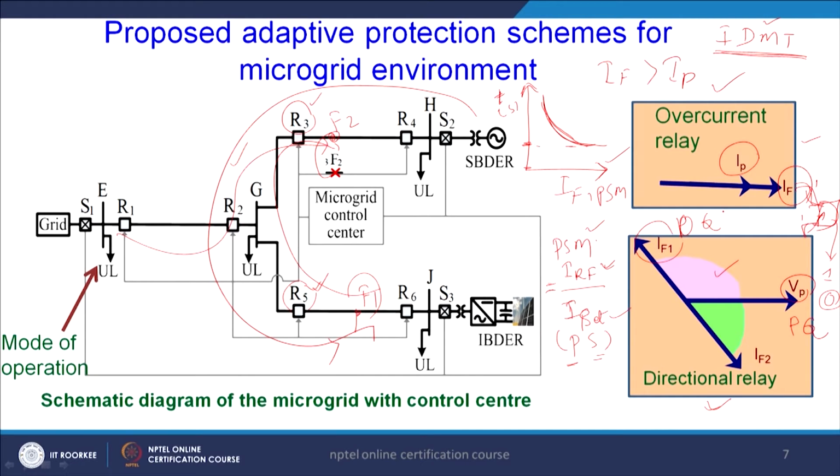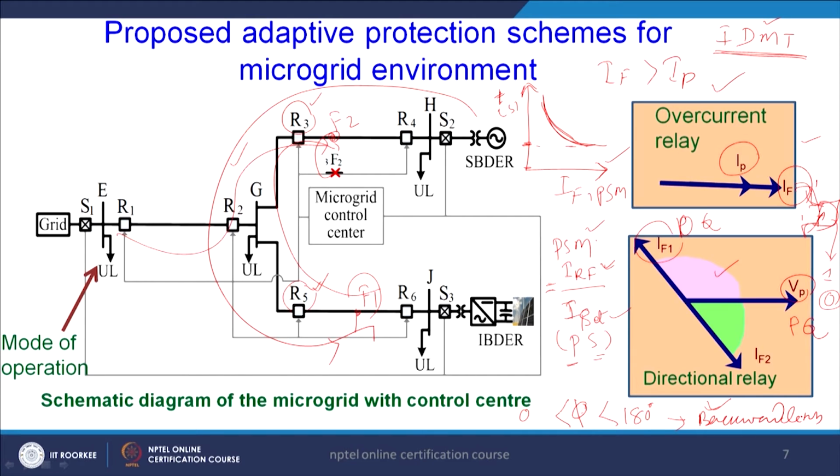OQ stands for operating quantity and PQ stands for polarizing quantity. Now, if the angle phi between this current and the voltage lies between 0 and 180 degrees, then the fault is declared to be behind the relay, in the backward direction of the relay.